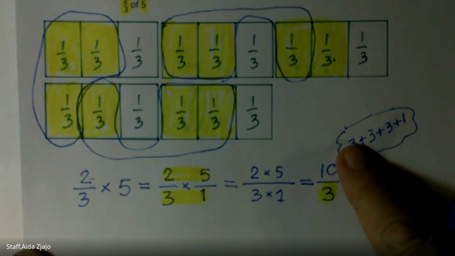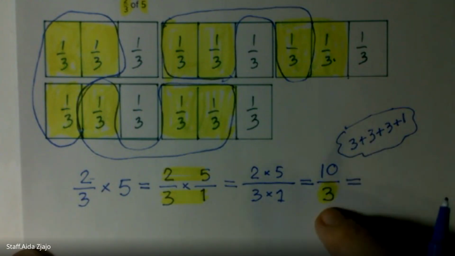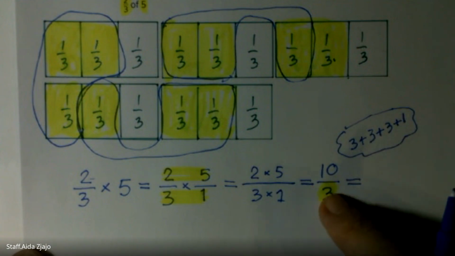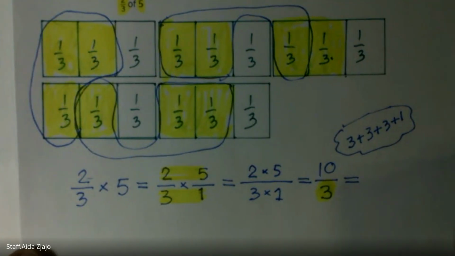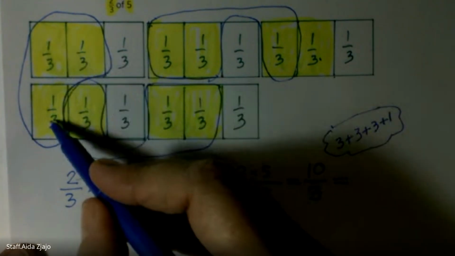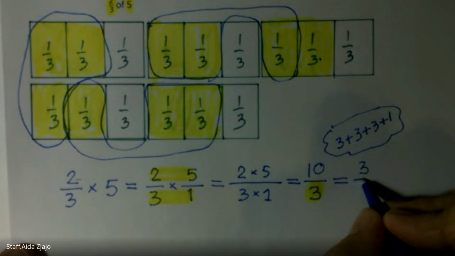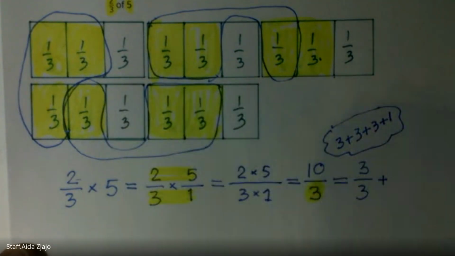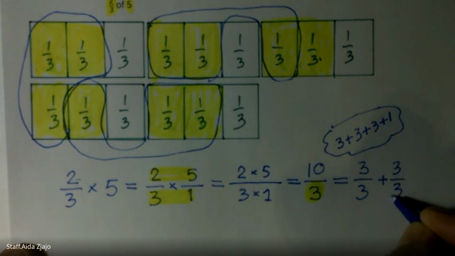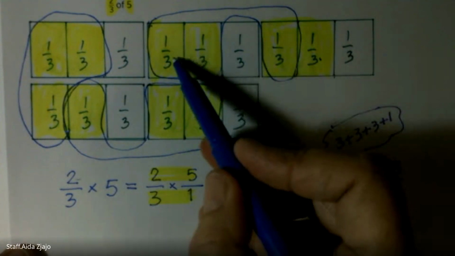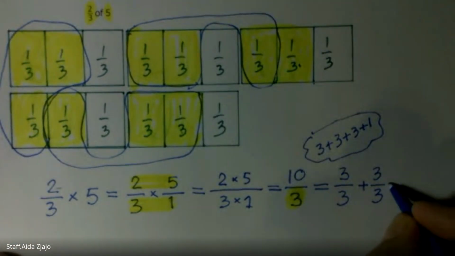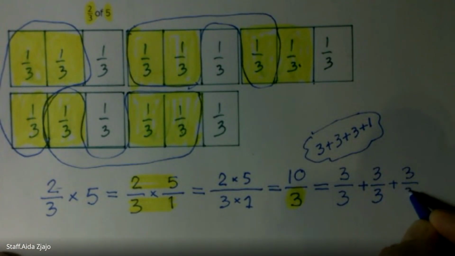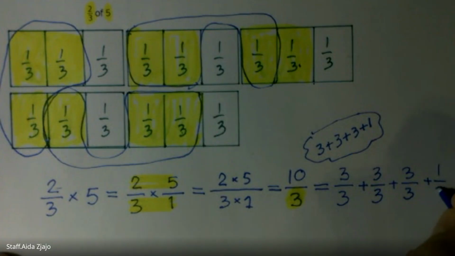So 3 thirds will make a whole, 3 thirds will make a whole, 3 thirds will make a whole, and I will have 1/3 left. How that looks: 1, 2, 3 thirds will make a whole. Another 1, 2, 3 thirds will make a whole. This 1, 2, 3 thirds will make one more whole. And then 1/3 is left by itself.